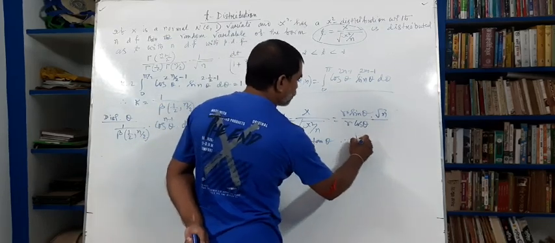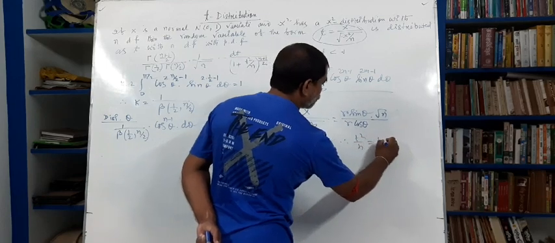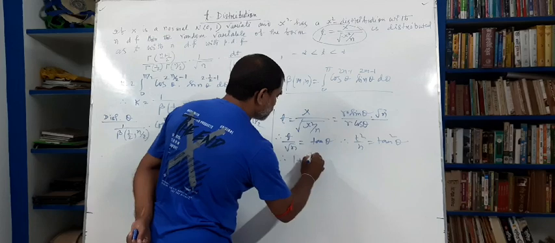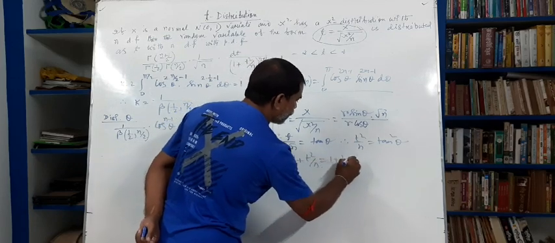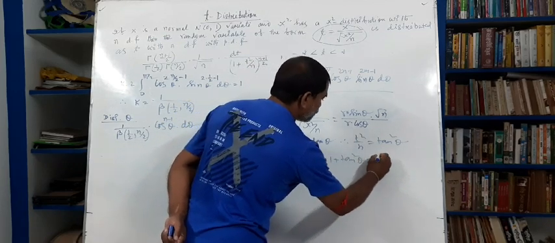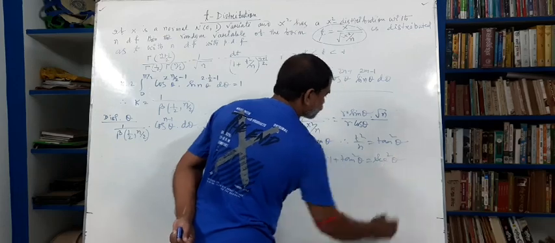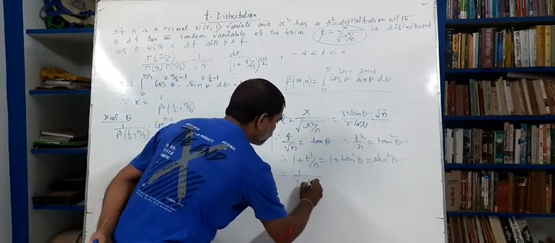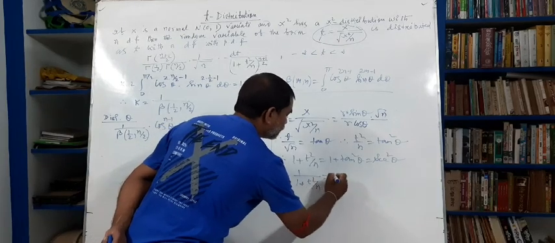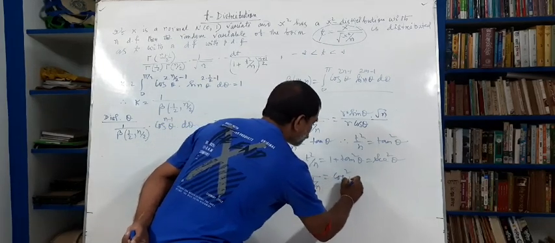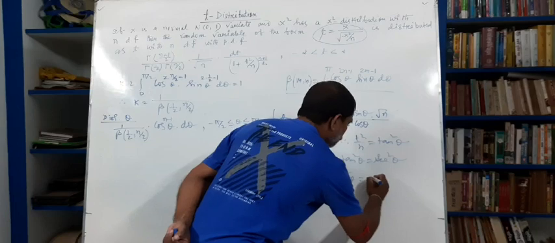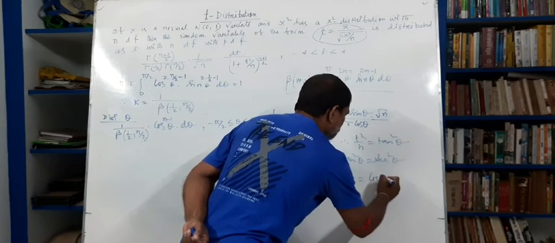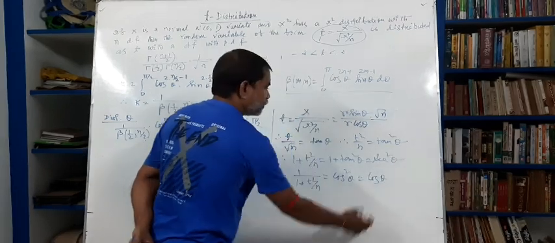theta, and therefore t square by n equals tan square theta, and 1 plus t square by n equals 1 plus tan square theta, that is equal to sec square theta, and therefore 1 divided by 1 plus t square by n equals cos square theta.